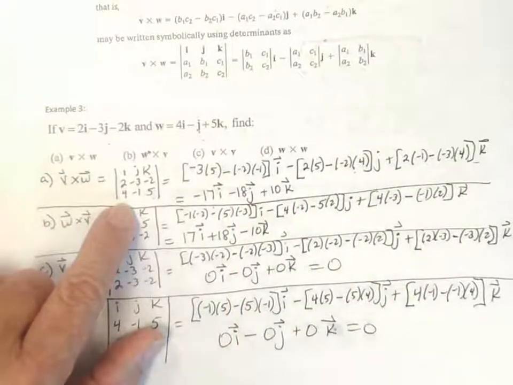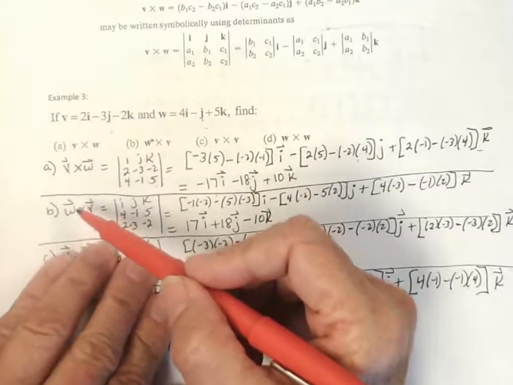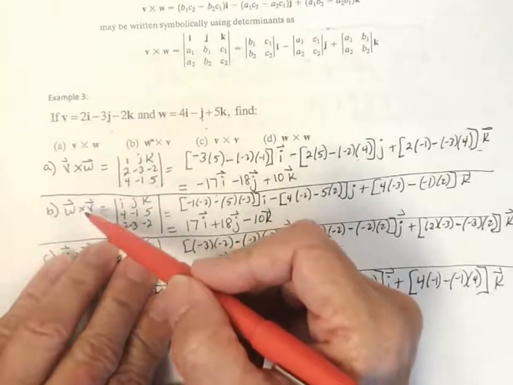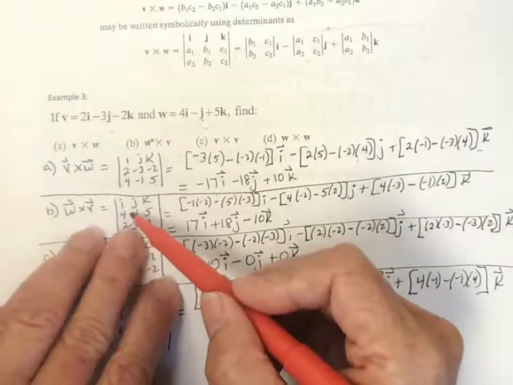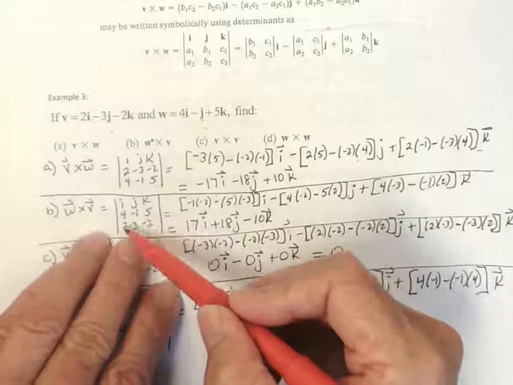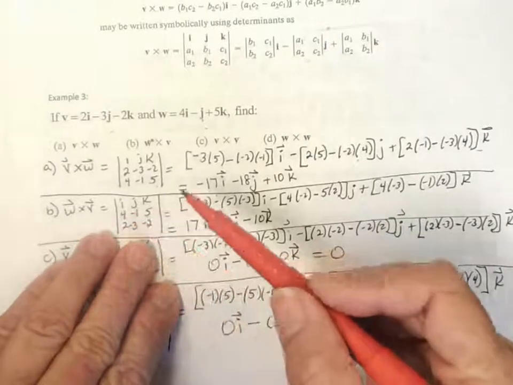Now we're going to do the same thing, but this time we're reversing the order to see what impact that has. So vector w cross vector v. I have to list the coefficients for vector w in the middle row and vector v in the bottom row because of the order we're crossing them.